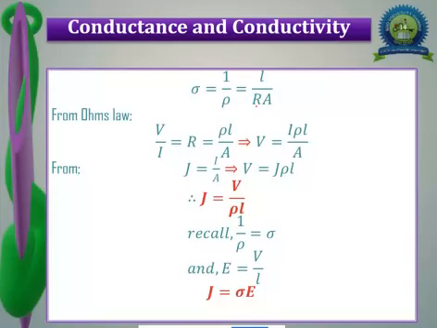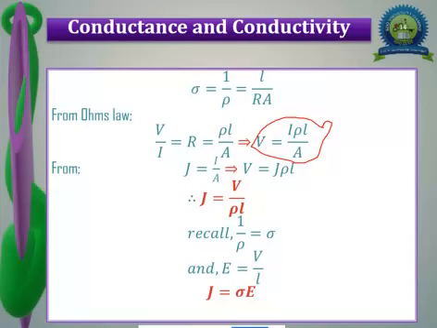Sigma is equal to 1 over rho, and we can write it as L over RA. Okay? Let's quickly take from Ohm's law. From Ohm's law, we can write that V over I is equal to R, and we can then bring R, as we have established earlier, as rho L over A. And we can say that our V is equal to I rho L over A. Is that okay?